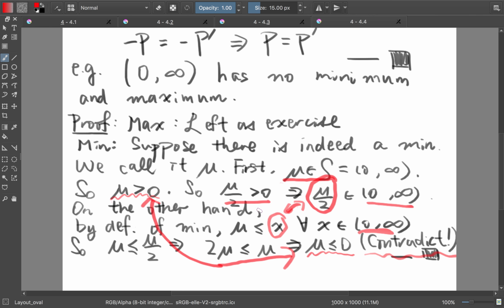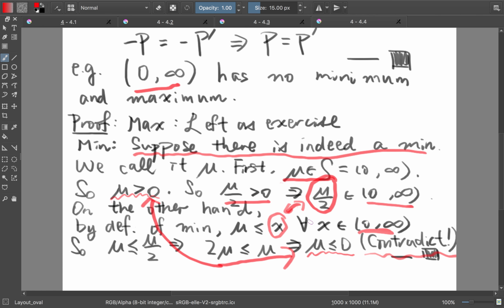And so, if there's a contradiction, that means there should be an error in an assumption we made. Remember what our assumption is? Our assumption says that there is indeed a minimum for this interval.